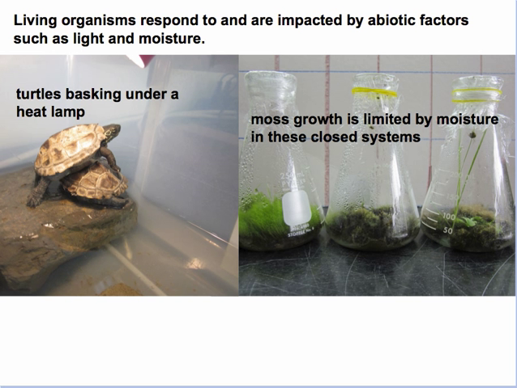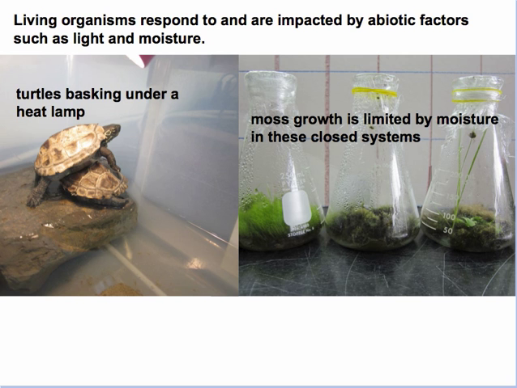So moving along, let's consider some more abiotic factors. Here we see two turtles, and they are basking beneath a heat lamp and obtaining the necessary heat to keep their bodies warm. A non-living component, which is temperature, sunlight.